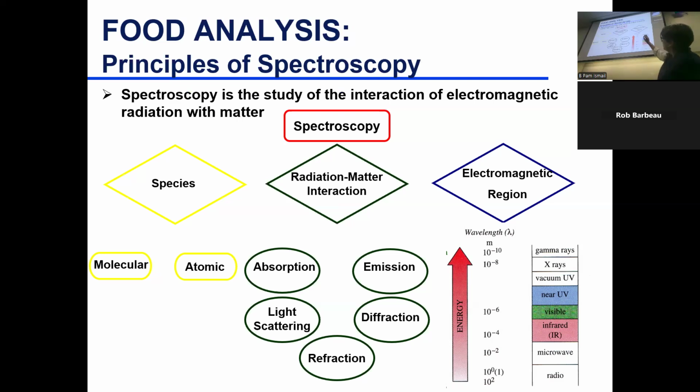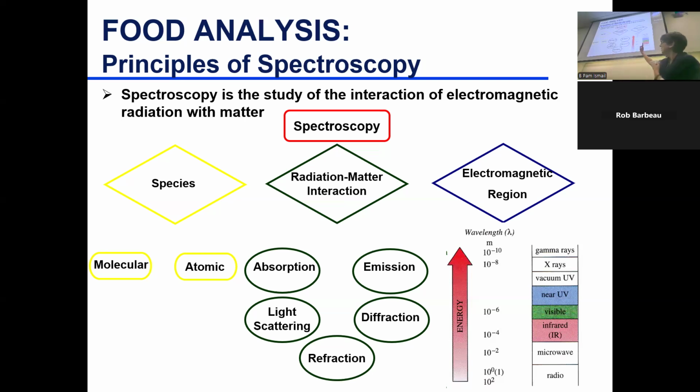So we have the interaction of the matter, whether it is atom or molecule, with the radiation. We have different types of interaction. We have absorption, either you absorb light or absorb and emit. In order for emission to happen, we have to absorb light first. So absorption, and then absorption and emission, or light scattering, diffraction and refraction.